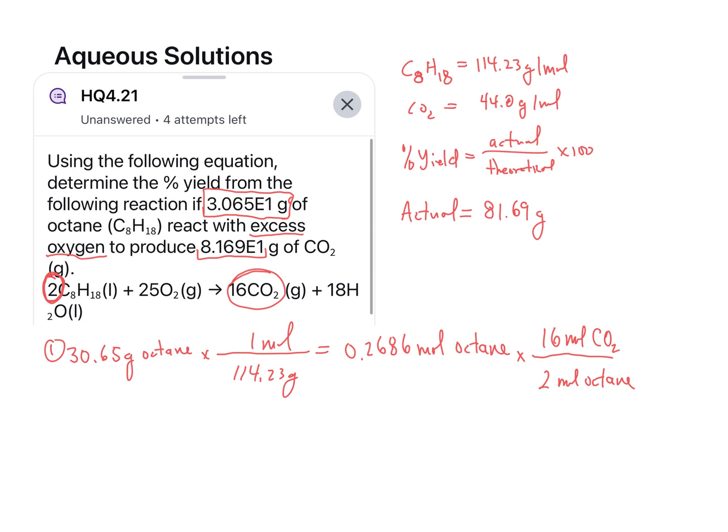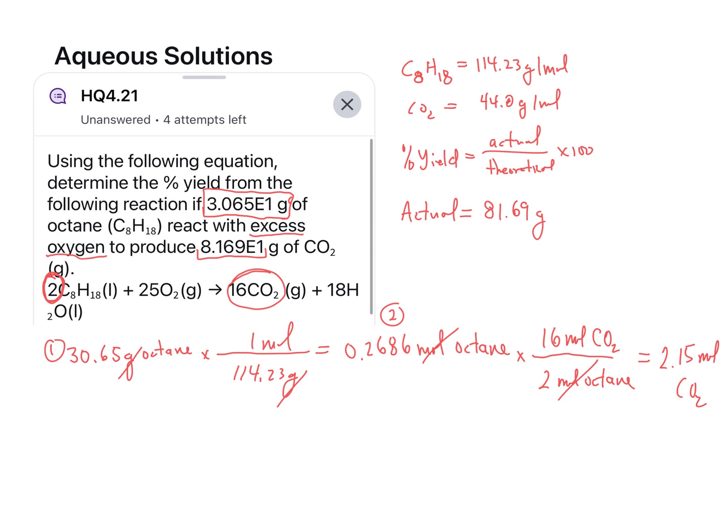So 8 times as much CO2 out of that reaction. So moles of octane cancel out, and we multiply by 8 to see that we're going to make about 2.15 moles of CO2 in the reaction.